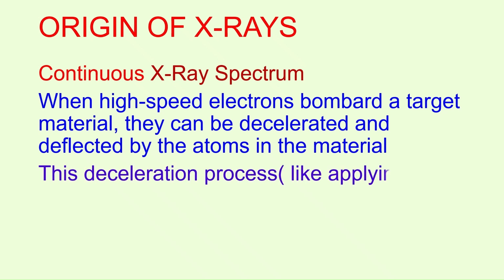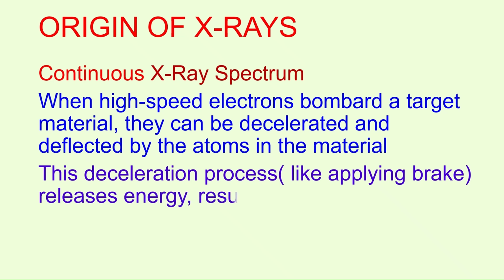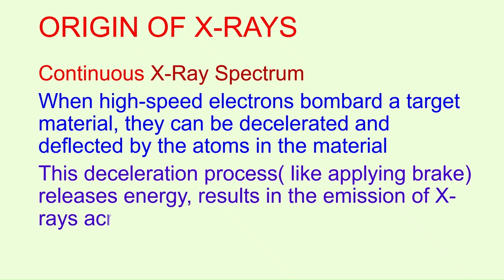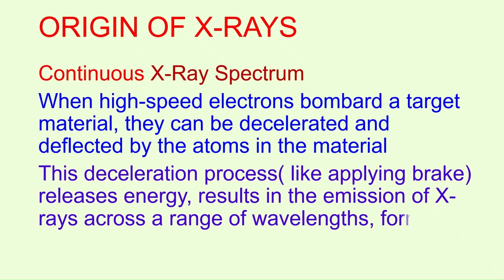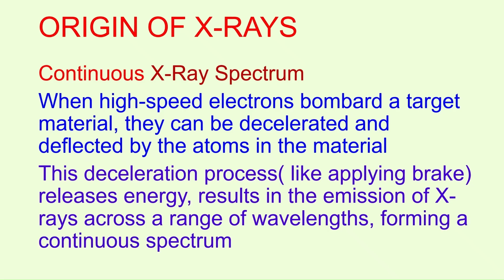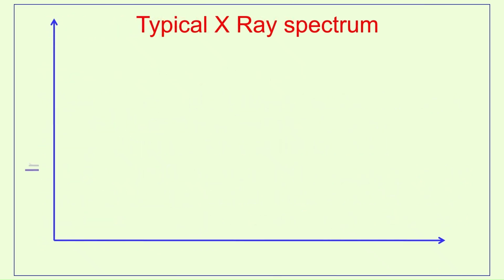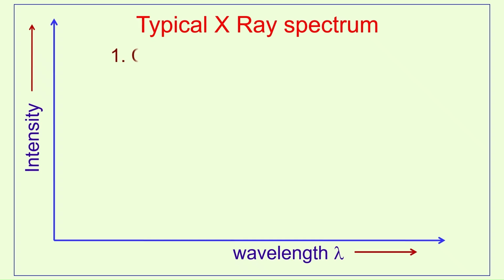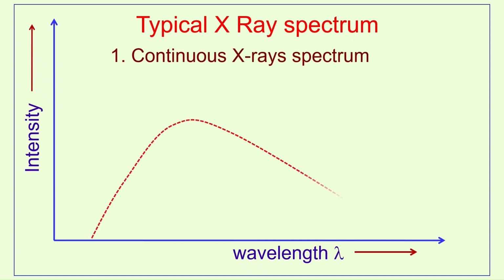This deceleration process, like applying a brake, releases energy, resulting in the emission of X-rays across a range of wavelengths, forming a continuous spectrum. Here we take the continuous X-ray spectrum.